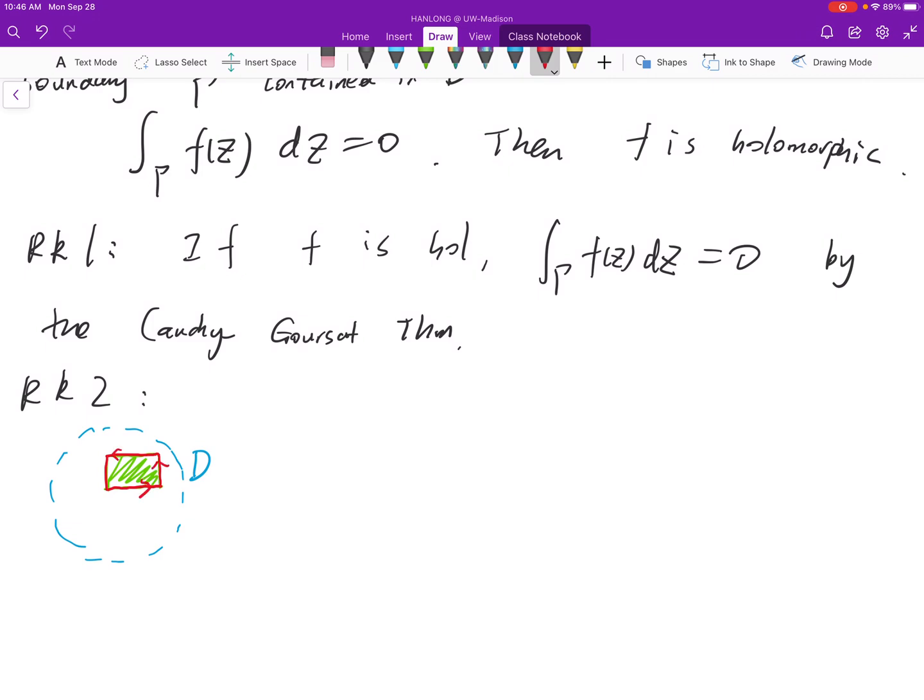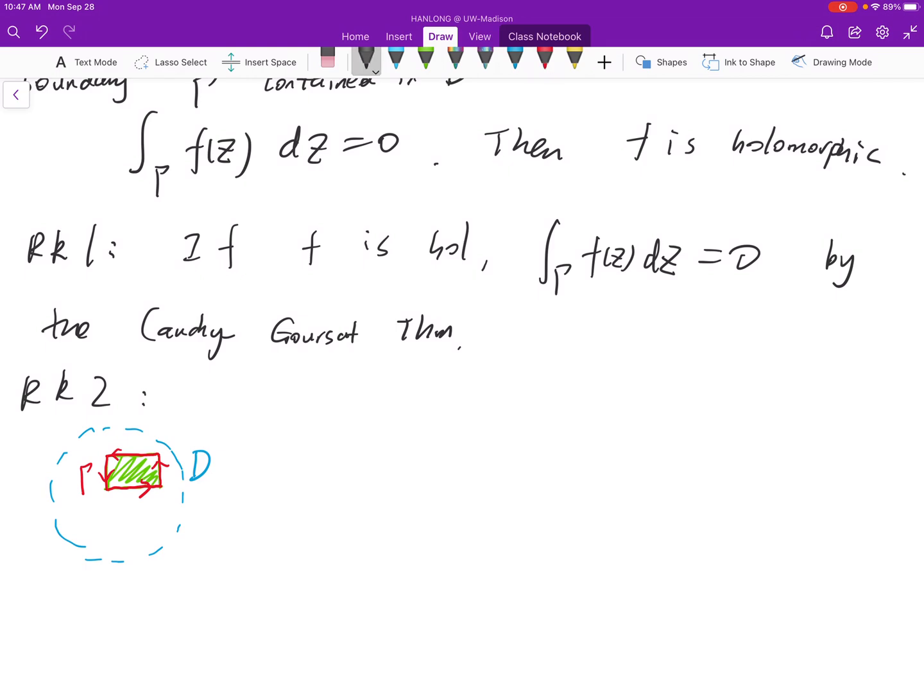So gamma is just the loop, the red loop around the rectangle counterclockwise once. That's the usual definition for the boundary.